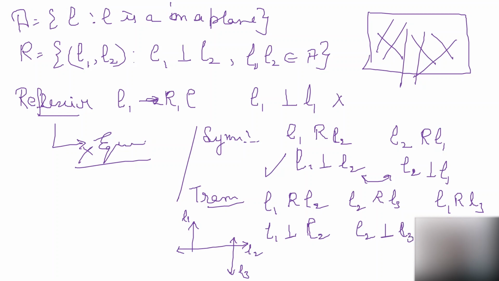L1 and L3 are not perpendicular to each other, these are parallel to each other. It means L1 and L3 are not related. It means the relation is not transitive. Hence, again, this is not an equivalence relation.